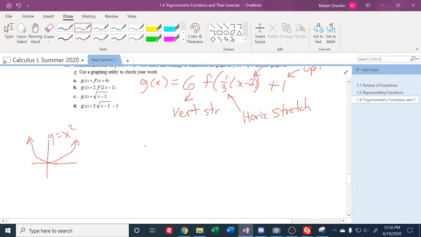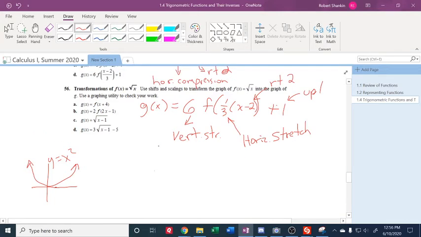This new graph, how is it different? It's going to the right. It goes right 2 units. It goes up 1 unit.